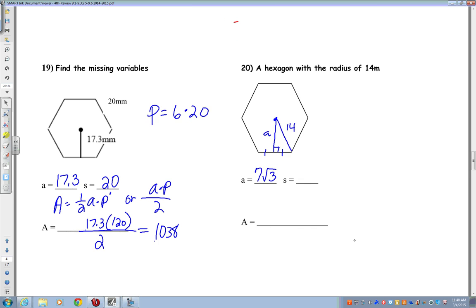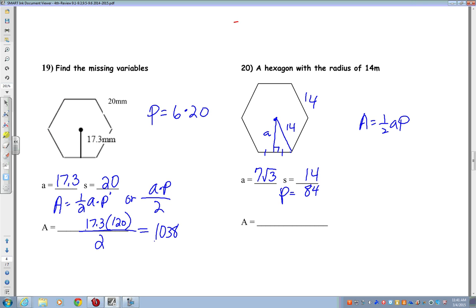Now, if I know the radius is 14, the side is also 14 because it's a hexagon. All right, so a problem like this, we're going to do 1/2 times the apothem times the perimeter. Okay, what is our perimeter for this hexagon? Yeah, 84. Questions on how we got 84? Just did 6 times 14.